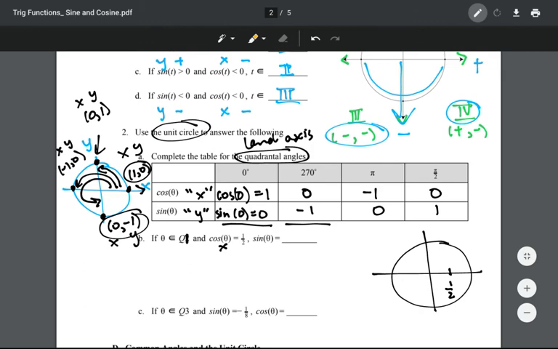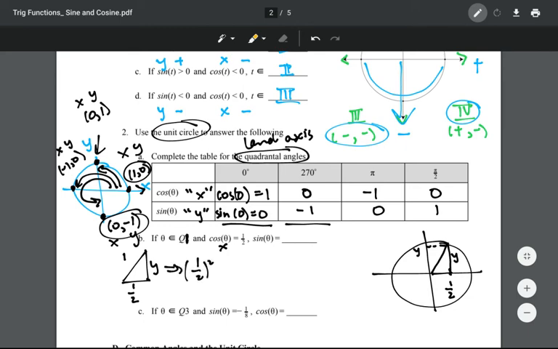So x is cosine. So x is 1/2. I want to figure out what sine is. Well, I know that sine is going to be this y coordinate right here. So I have this triangle. I can use the Pythagorean theorem. I'm on the unit circle, so the hypotenuse is 1. My x length is 1/2, and I've got my y there. I think we did one just like this before.